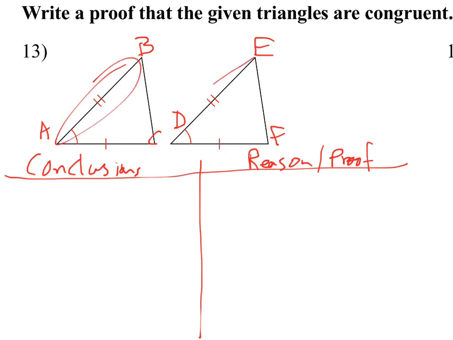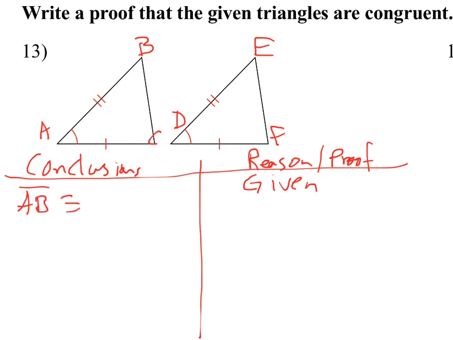I already know that these two sides match because it's on the picture. And if you can say because it's on the picture, your reason is given. It's given to you right at the start. So I know AB is congruent to DE because it's given. And I also know these other sides match up. So AC is congruent to DF, also because it's given.